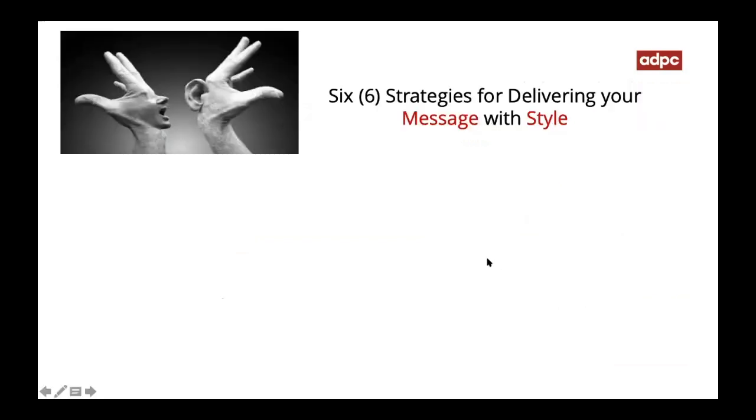So earlier were the tips. Here are six strategies for delivering your message with style. I emphasize here two important words: message with style. I would also like to deconstruct first the message.